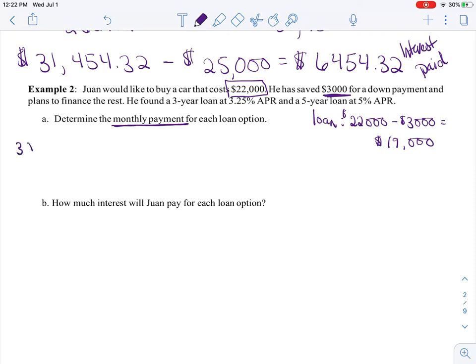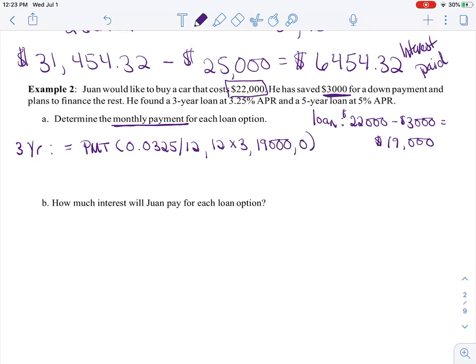So for the 3-year, it would be equals payment, our rate, we're doing this monthly, and we're doing this monthly for 3 years, and our loan amount is for $19,000, and we want to get it down to 0.